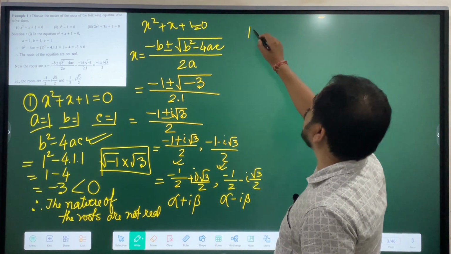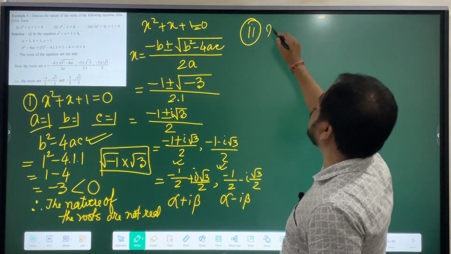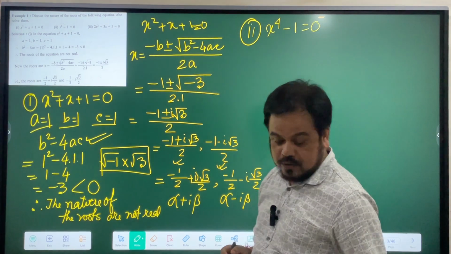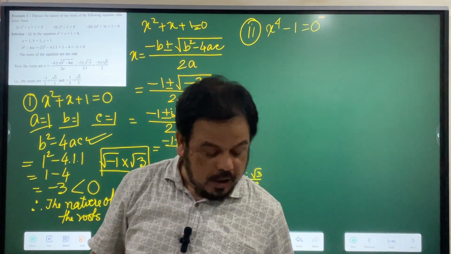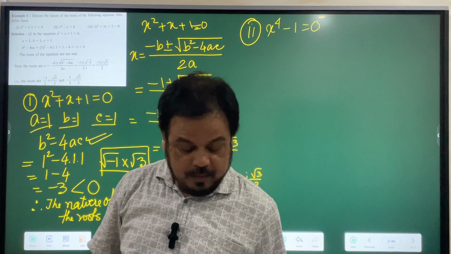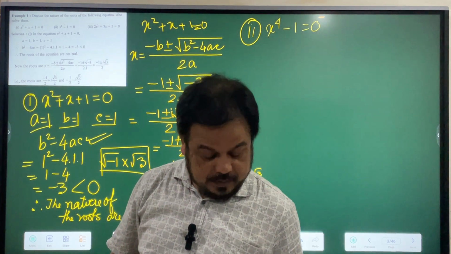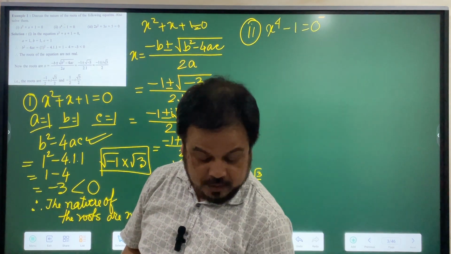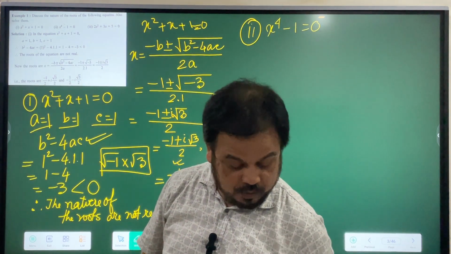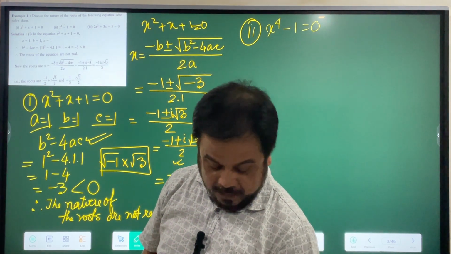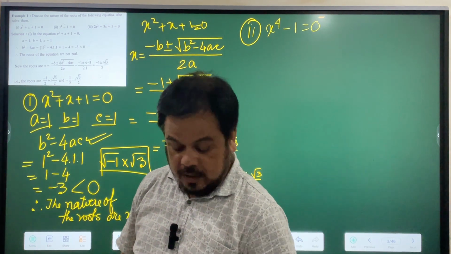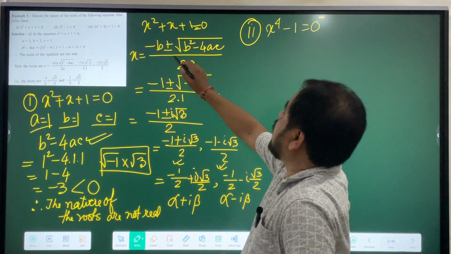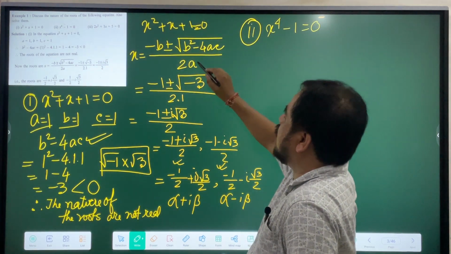Now number 2. x to the power 4 minus 1 equals to 0. This x to the power 4 minus 1 equals to 0 we cannot do directly, because the highest power of this equation is 4. That is why we cannot do it directly by applying the quadratic formula, x equals minus b plus minus square root of b square minus 4ac by 2a.